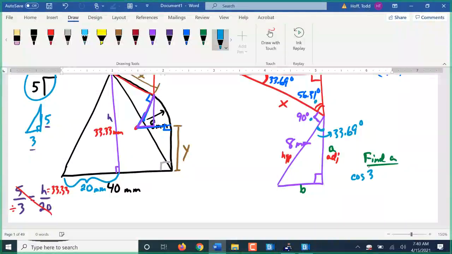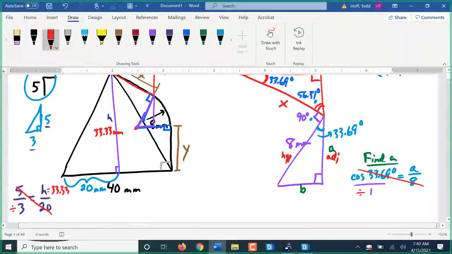So cosine of 33.69 degrees equals the adjacent side of A over the hypotenuse of 8. Since we are looking for a missing side, we put the trig function over 1 to make a proportion, and we'll solve it by cross multiplying and dividing.